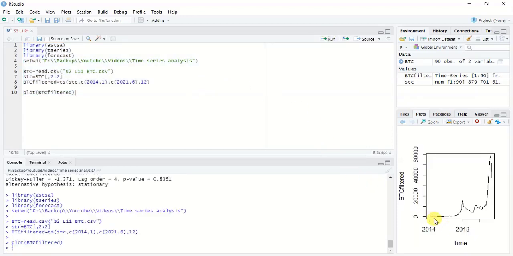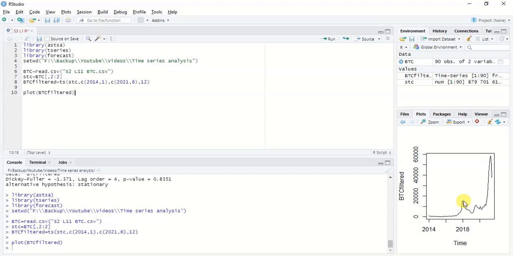Now if you look at the graph, you can see the Bitcoin value is almost stationary over the years at the start until 2017, and it goes for a spike in 2018.